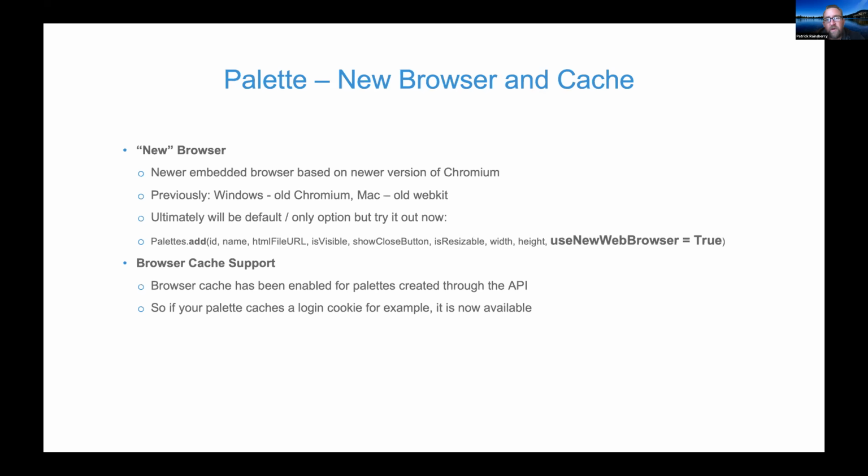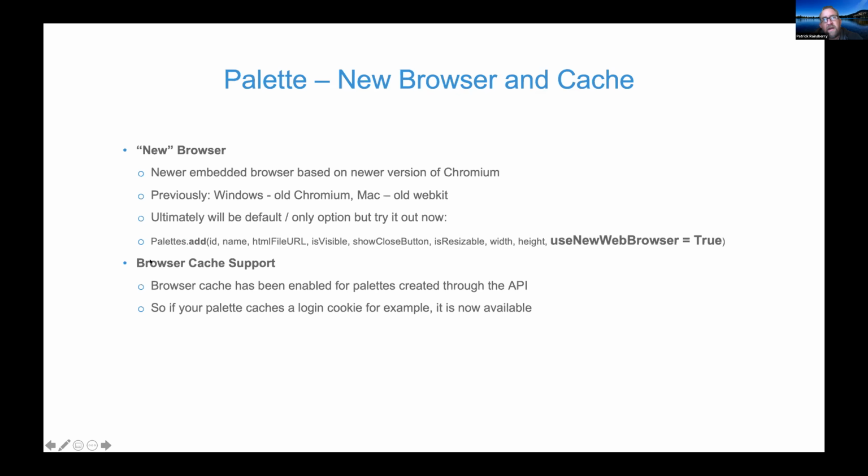The other thing that's really new and maybe hard to catch in the documentation is that up until about the last release of Fusion, we didn't have a way to make caching available to the palettes, but we recently built in a way to enable caching.